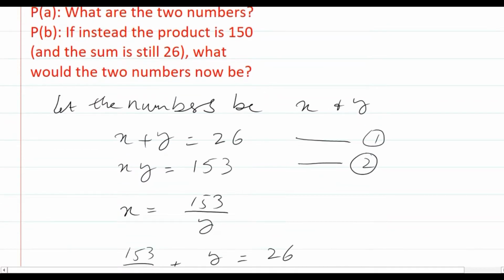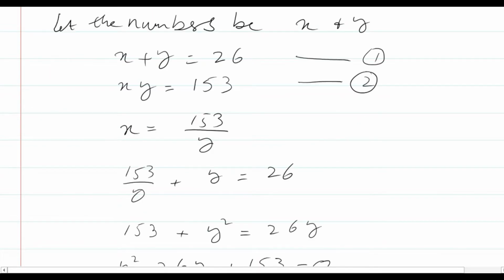So these are the two equations, equation number 1 and equation number 2. From equation number 2 you can get x equal to 153 over y. You can put this value in equation 1. You will get 153 over y plus y equal to 26.